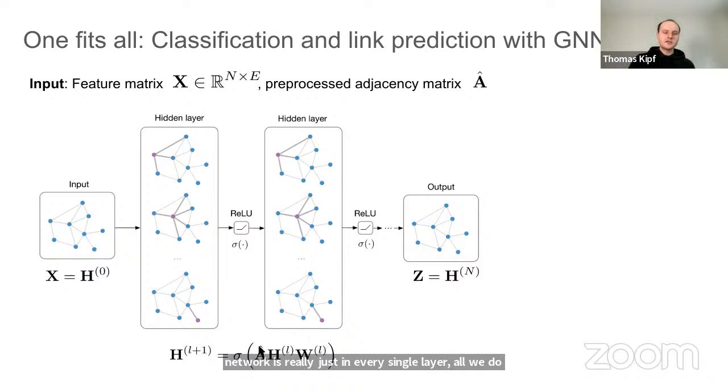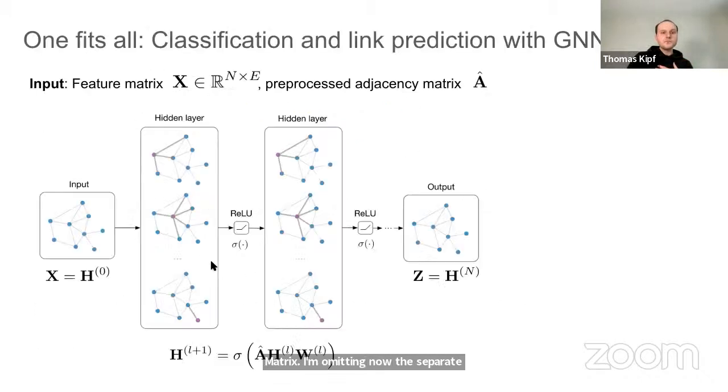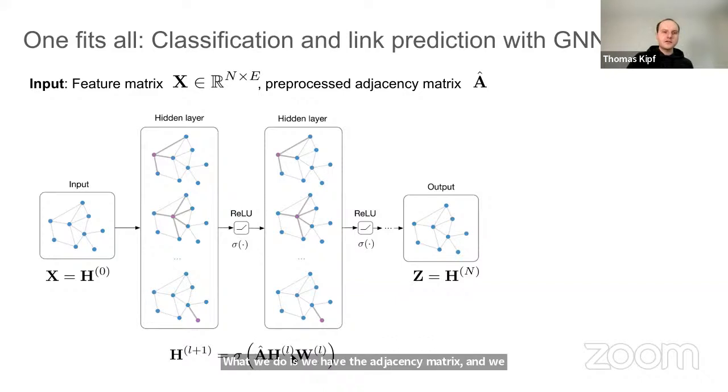Here's some adjacency matrix. I'm omitting the separate term that I had in the last slide and putting it into a single representation here. Then in every iteration we take the adjacency matrix and multiply it with the hidden layer matrix of the activations.